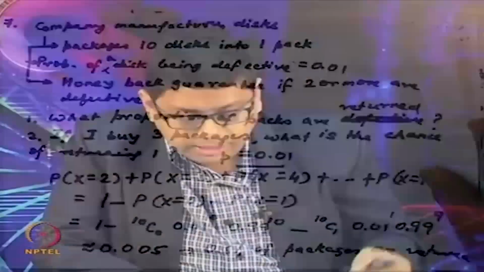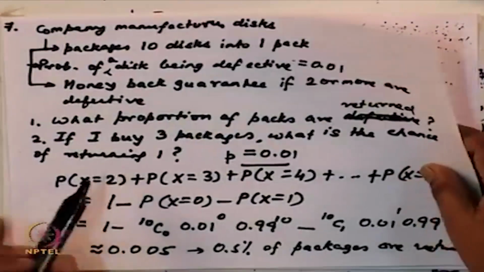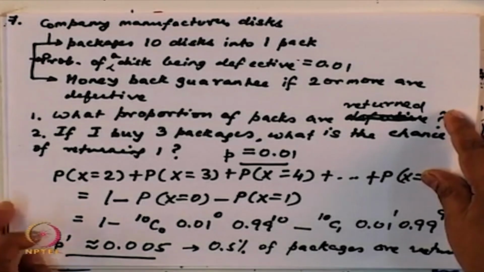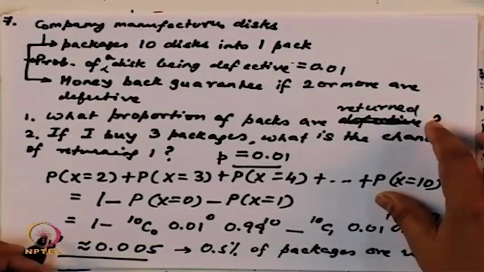Okay. So, in order to answer the second part of the problem, if I buy 3 packages, what is the chance of returning 1? I have calculated this probability of returning, which is 0.005. I am labeling it as p prime, because p prime is separate from p. So, what is the probability that I have to return 1 package from 3 packages?